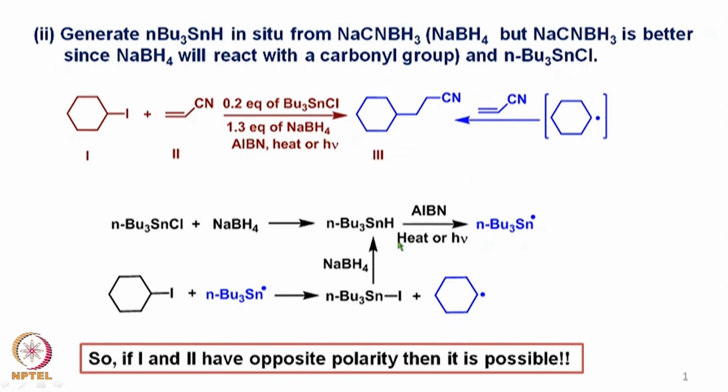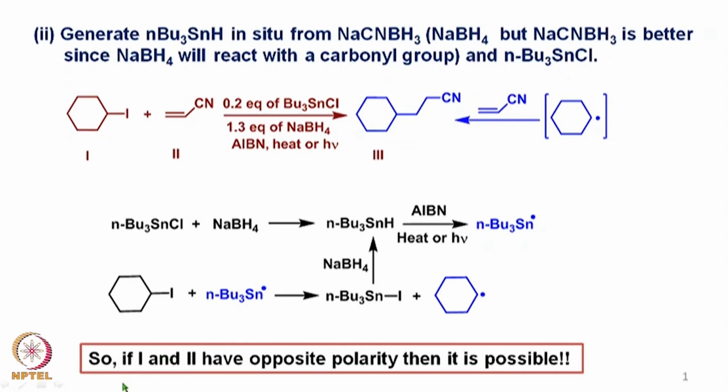So this is how, by using a catalytic amount of tin based starting reagent, and of course using excess of reducing agent like sodium borohydride or sodium cyanoborohydride, one can avoid the generation of a large amount of tributyltinhydride or large amount of tin impurities in the reaction mixture, which are difficult to remove.